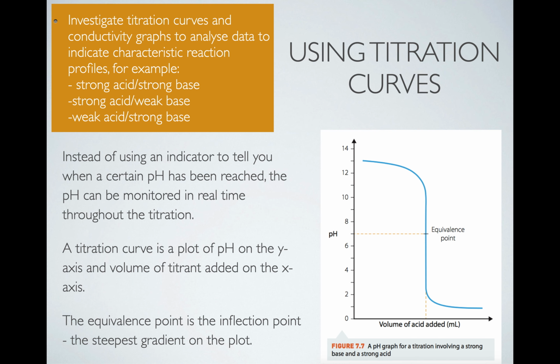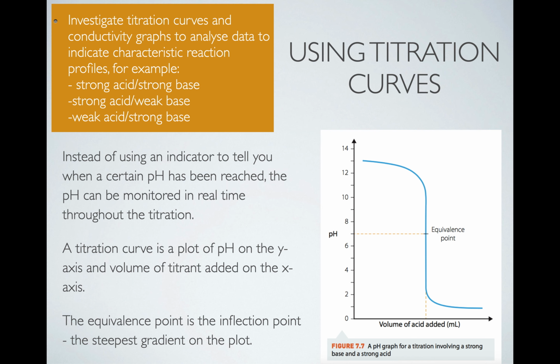They've started off with obviously a base down the bottom, and they've slowly added in acid as they've gone along, and they've monitored the pH. Right at 0 volume of acid added, it is around pH 13.